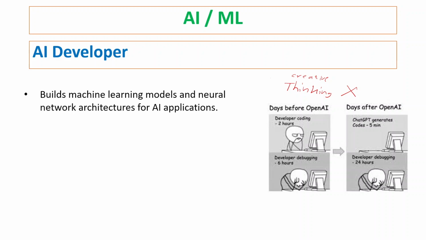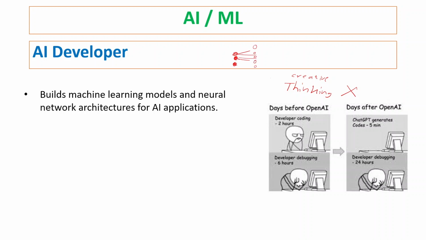So as an AI developer, you will build machine learning models and neural network architecture for AI applications. Neural network means how human thinking is happening, right? When it comes to the human brain, it will be something like this.